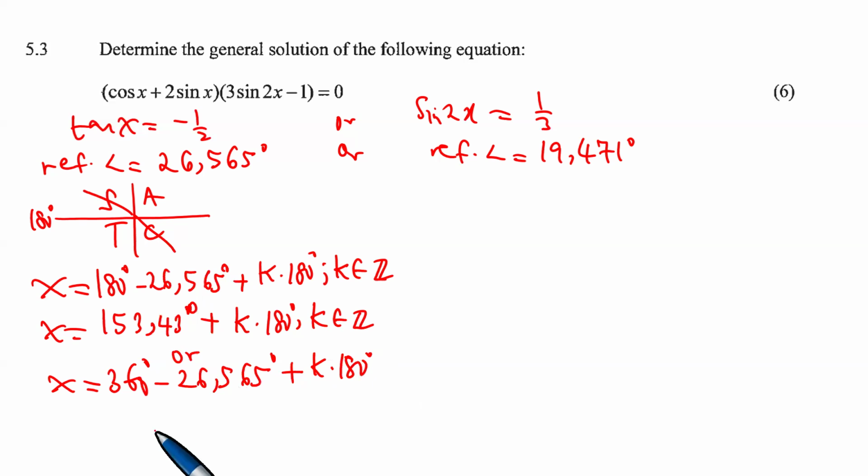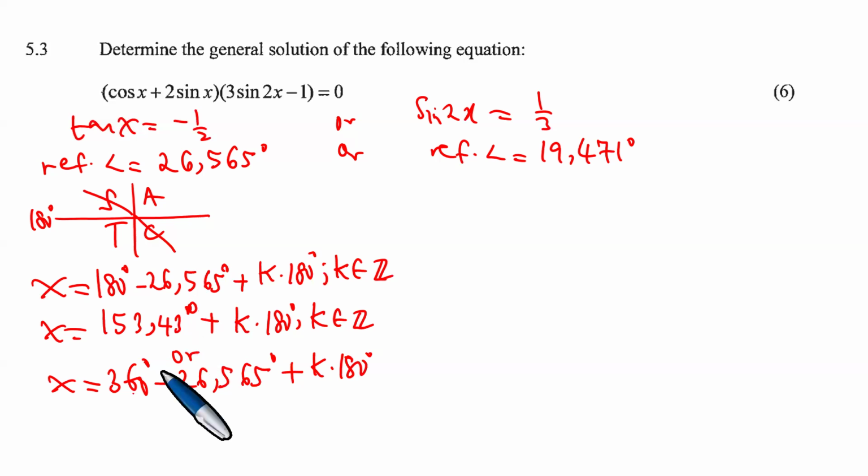In particular, if you do this, let me just check what this gives us. For example, if you say 360 minus 26.565, I'm trying to check what we're getting here. Right, so we're getting 333.43.